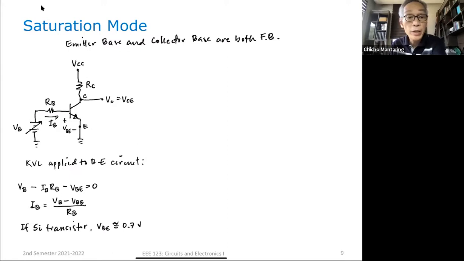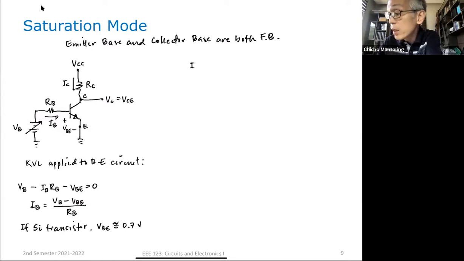That is the forward voltage of a conducting diode. Anyway, the point I want to make is, as we increase VB, let's say VBE being almost constant, IB will just increase. If IB increases, what is now IC?